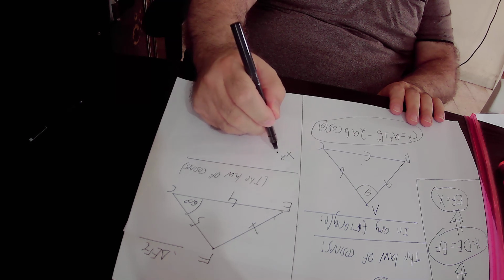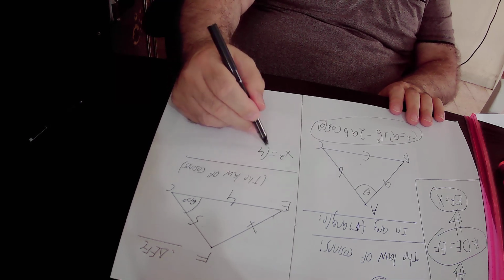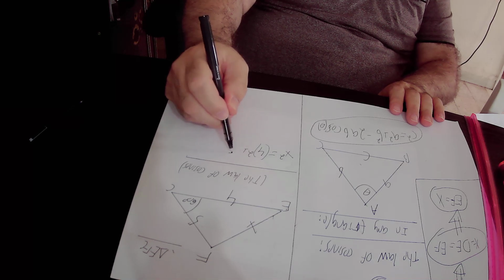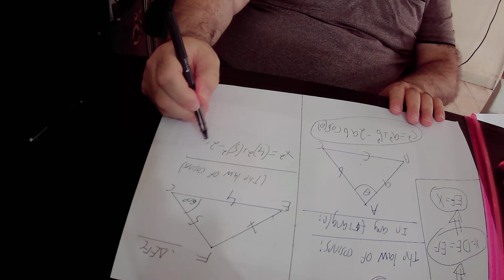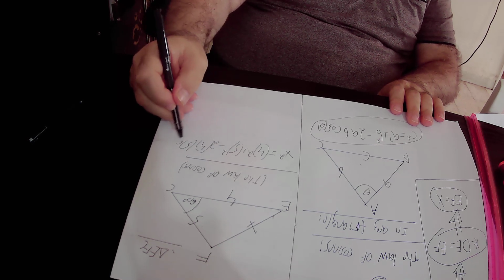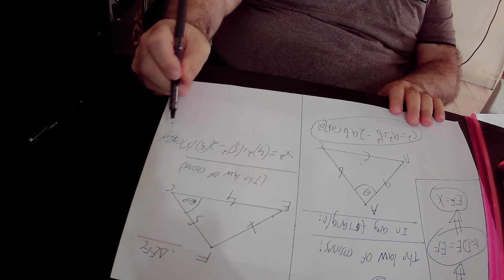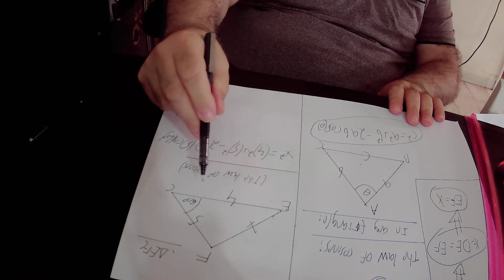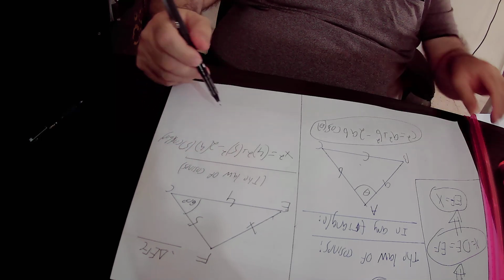X squared equals 4 squared plus 5 squared minus 2 times 4 times 5 times cosine 60 degrees. Repeat again, X squared equals 4 squared plus 5 squared minus 2 times 4 times 5 times cosine 60 degrees.